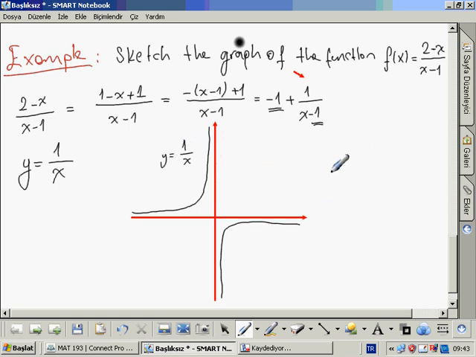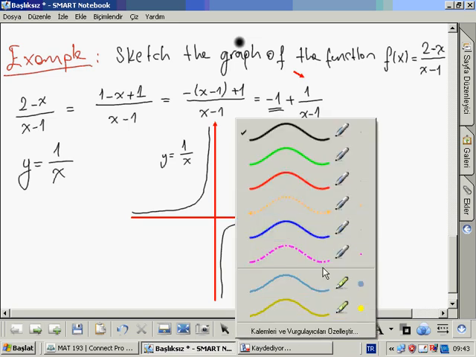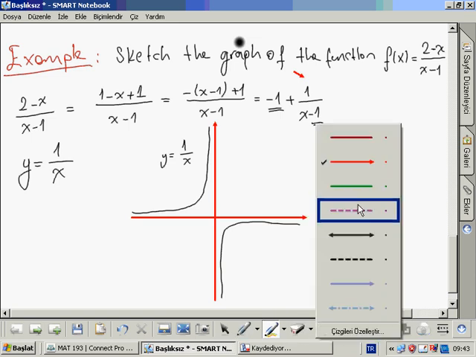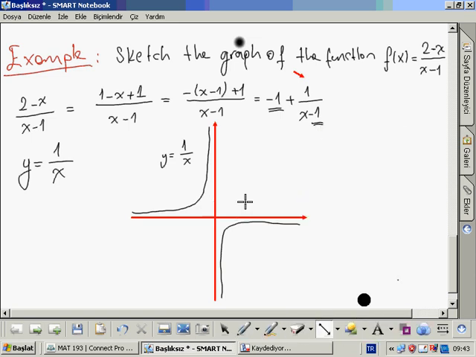And what did I say? You must shift it right 1 unit. For example, this is the plus 1 asymptote, and shift it down 1 unit.